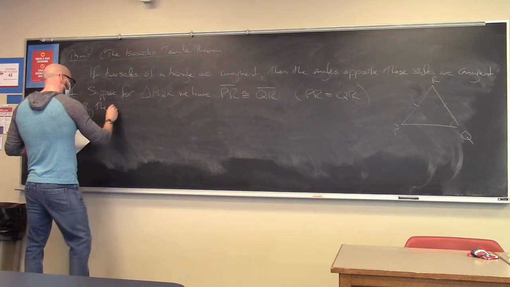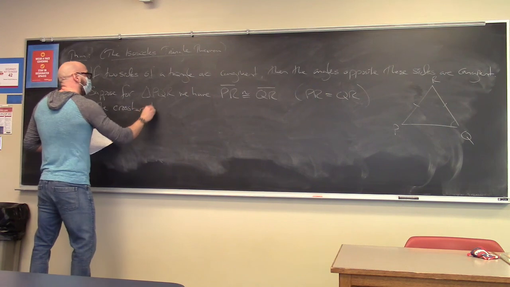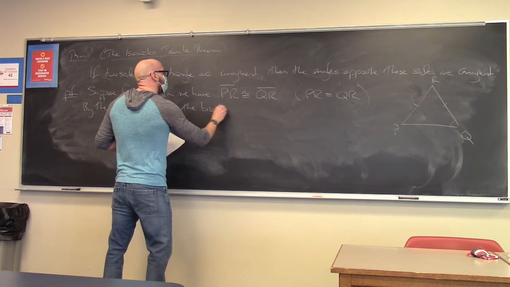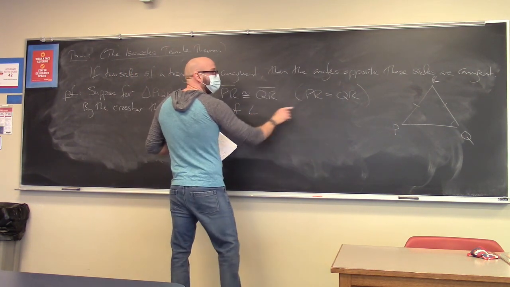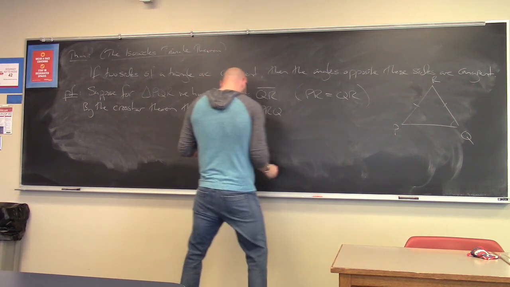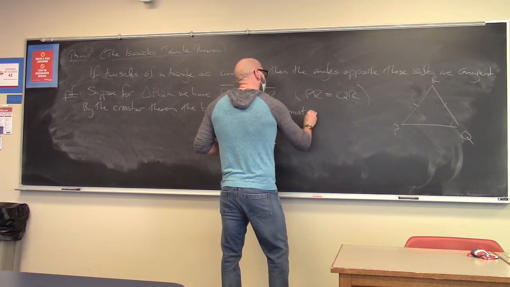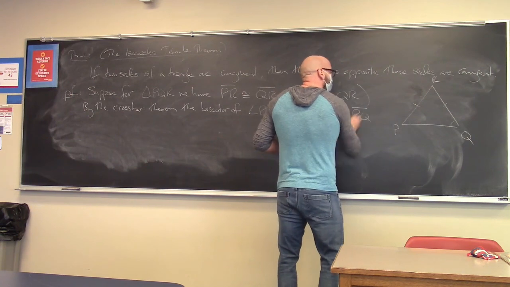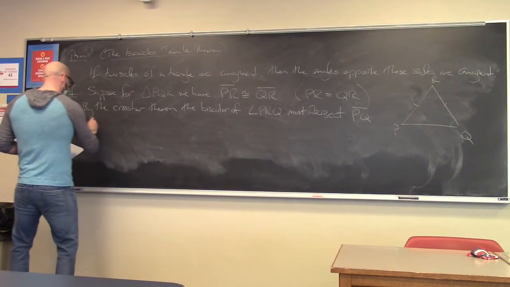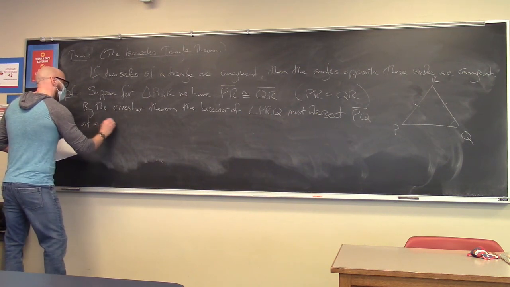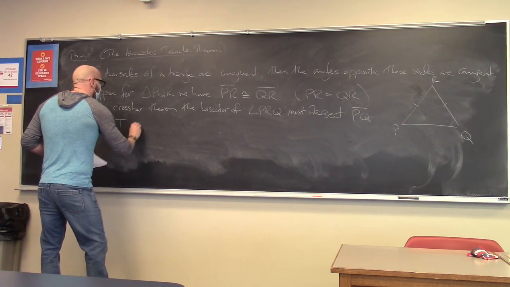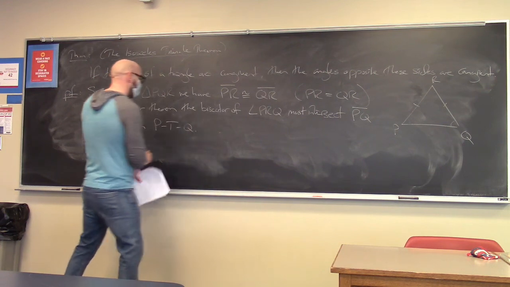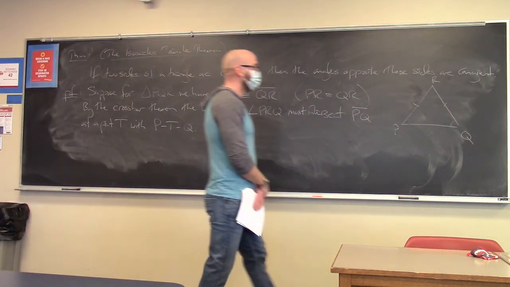Now we invoke the crossbar theorem. By the crossbar theorem, the bisector of angle PRQ must intersect side PQ at a point T, with T between P and Q. So here I'm using the crossbar theorem.